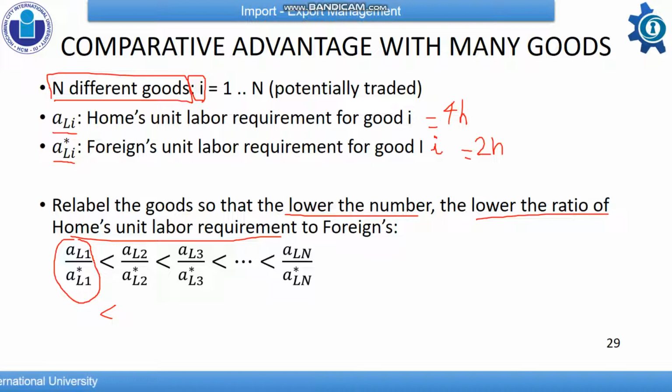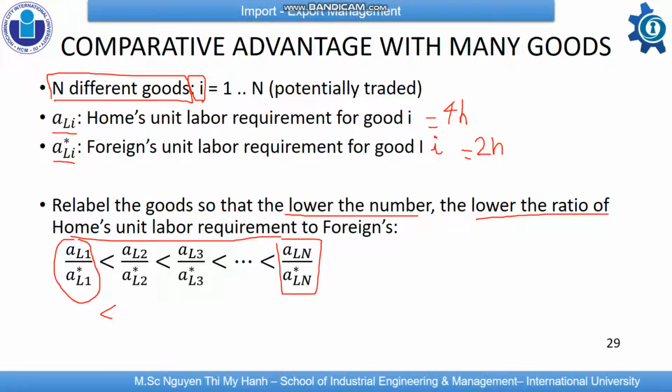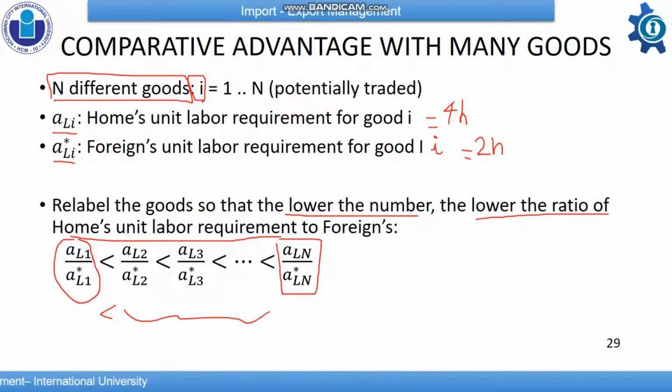The ratio for product 1 is the smallest, and product n is the highest. Please remember this so that you can understand. You can take the example later.